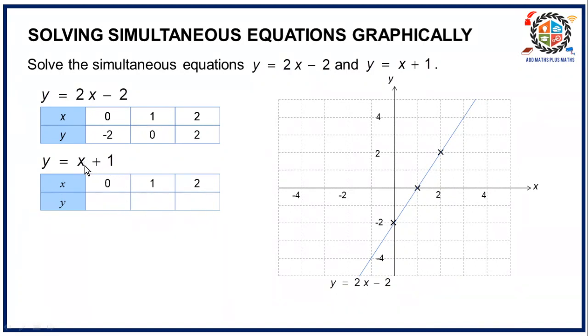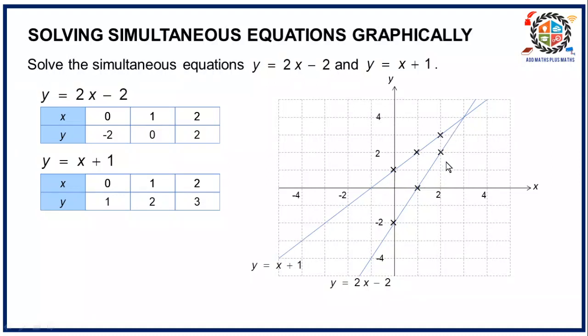If it is 1, 1 plus 1 is 2. If it is 2, 2 plus 1 is 3. So I'll have 1, 2, 3 as values of y. Let's plot the points. I have (0, 1), (1, 2), and (2, 3). Okay, I'll draw the line. The line is now this one.